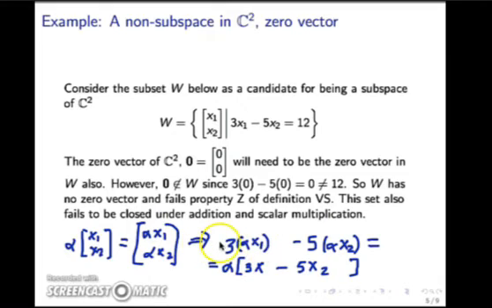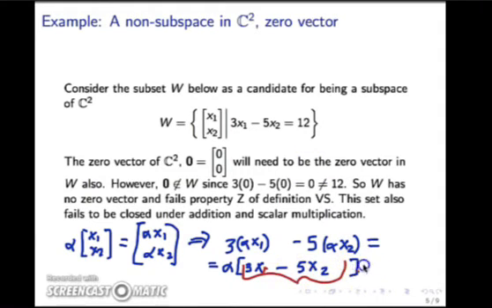Now consider the linear combination 3 times the first entry of that vector and minus 5 times the second entry. You could easily factor out alpha, and then, since we assume that x1 and x2 is a member of W, we know that this expression is going to be equal to 12.